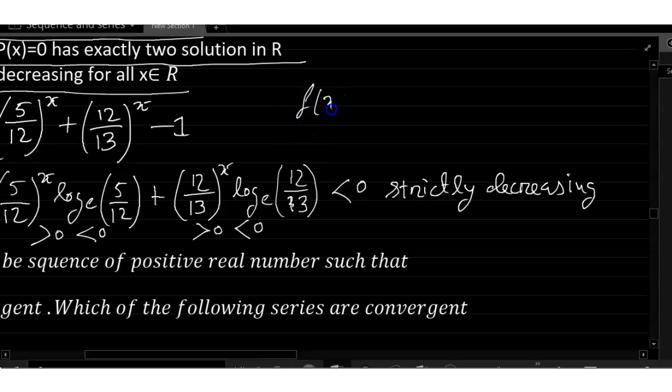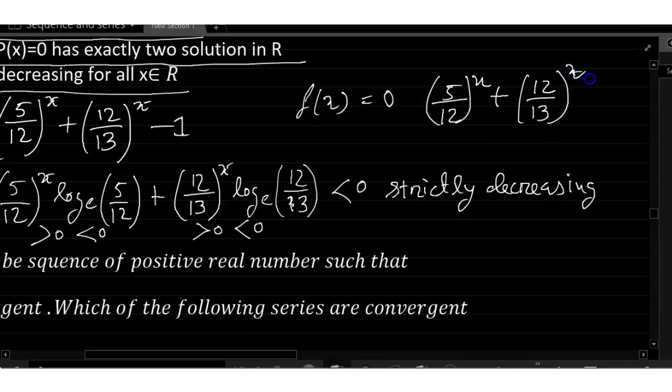f(x) equals 0 means (5/12)^x plus (12/13)^x equals 1. So f(x) equals g(x).